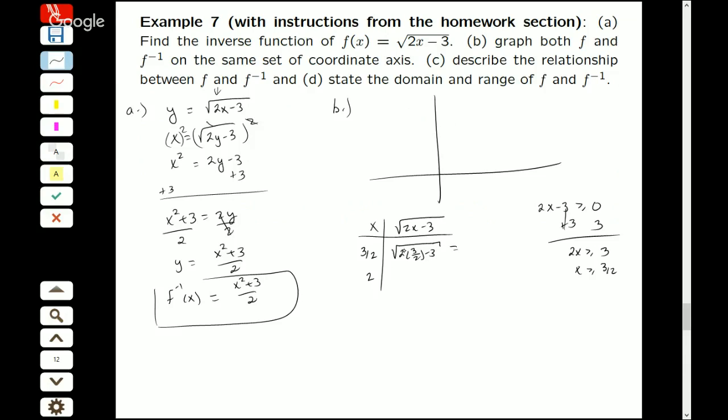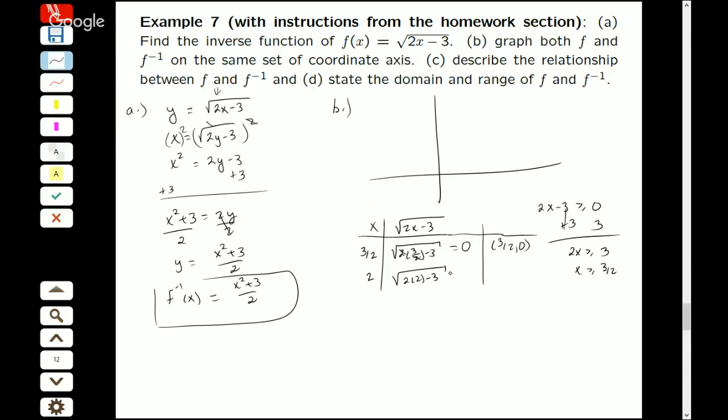What happens to the 2's right here? They're going to cancel. That's exactly correct. And so then that gives you a 3 minus 3. What is 3 minus 3? 0. Square root of 0 is 0. So we get 3 halves, 0. And then let's plug in 2.